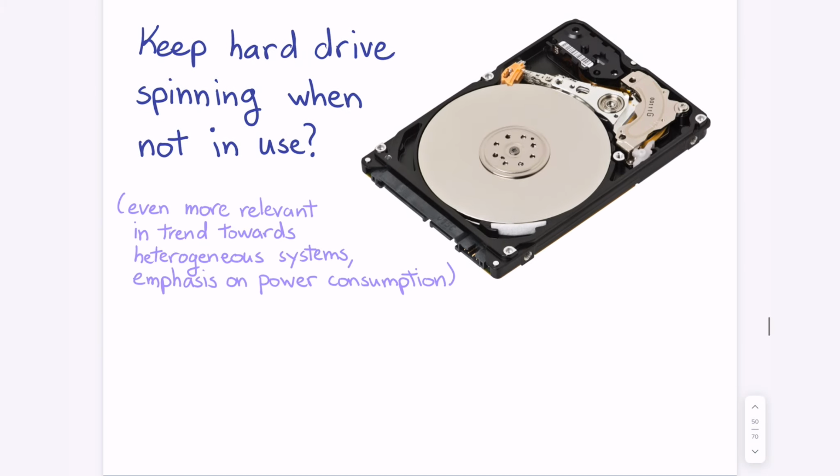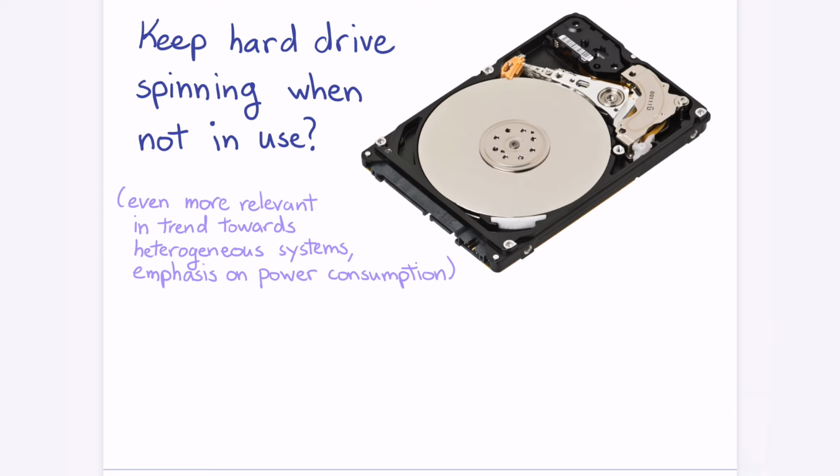Another example that might occur in a computer: take a spinning hard drive when it's not in use. Hard drives are slow at the beginning. So if you turn off the hard drive to save power and then you need to read something from it, you have to wait for it to spin back up before it starts reading memory. So there's a real choice to make.